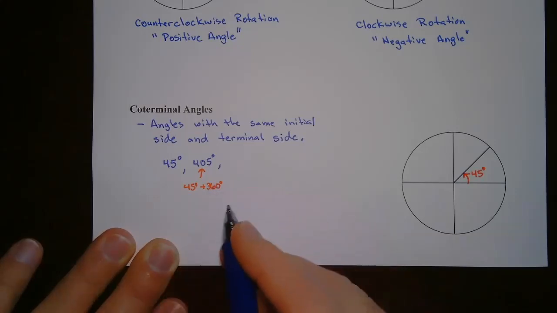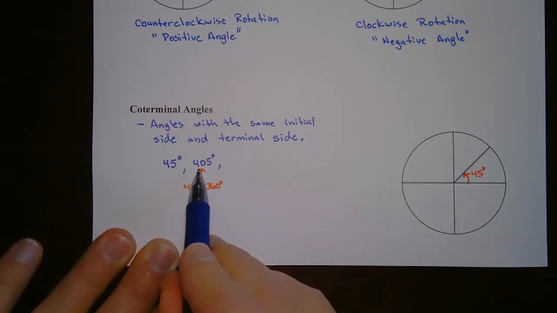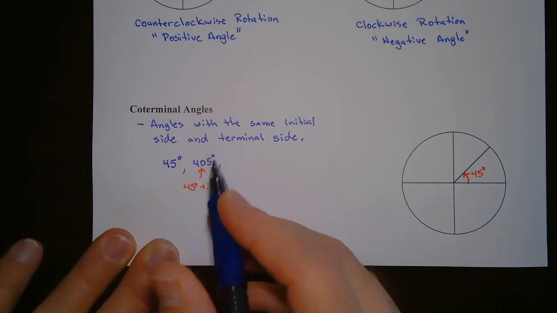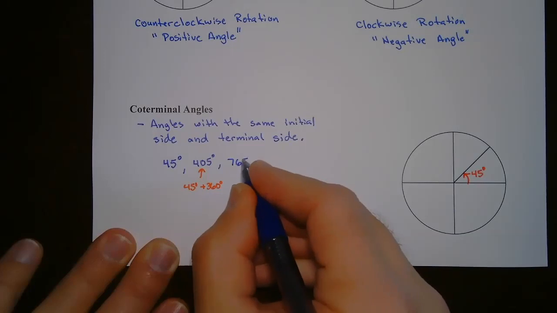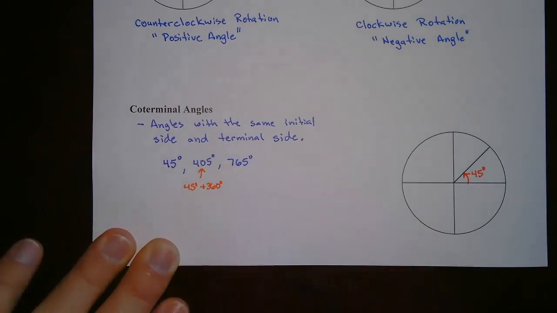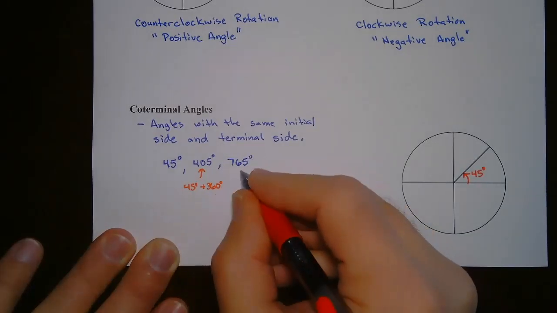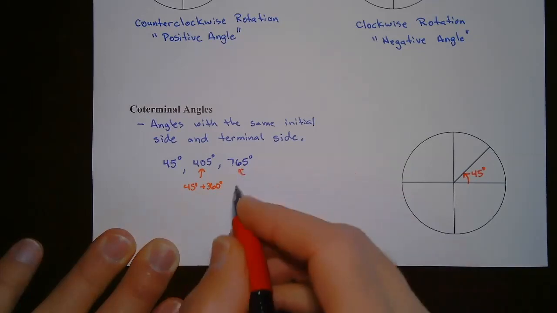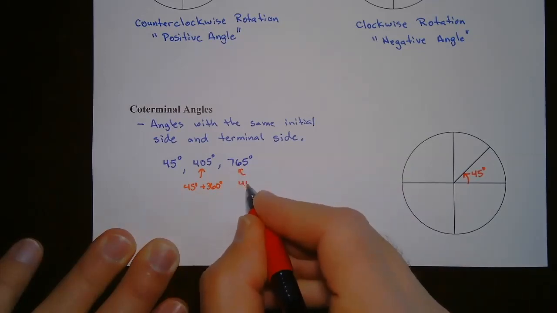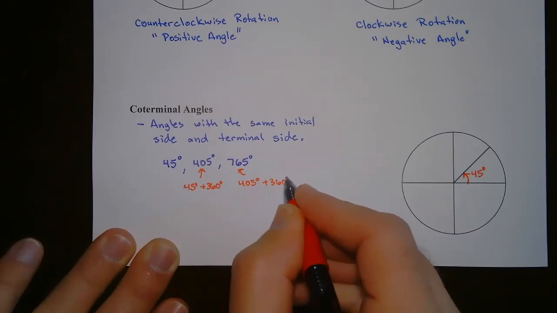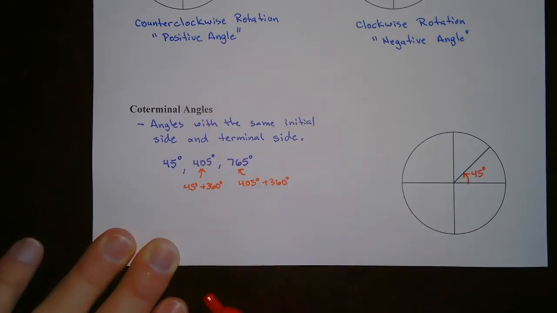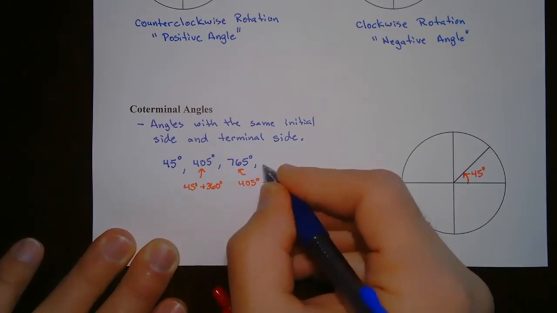If we add 360 degrees to 405 degrees, that'd be 765 degrees. And how did I get that? I got the 765 degrees by taking the 405 degrees and adding another 360 degrees. So I could just continue on doing this.